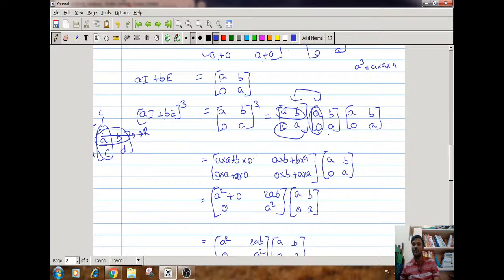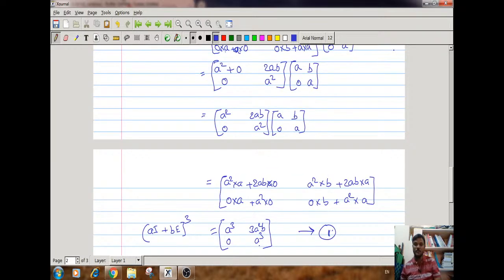In the same manner we need to multiply the second row with the columns, the same process. 0 into A plus A into 0, and 0 into B plus A into A, and this matrix I wrote here.